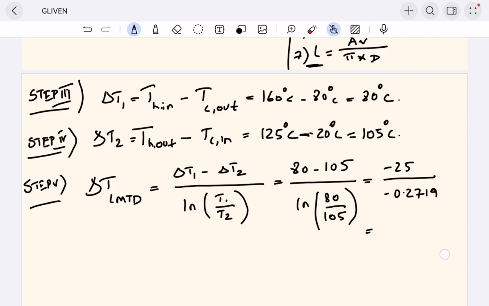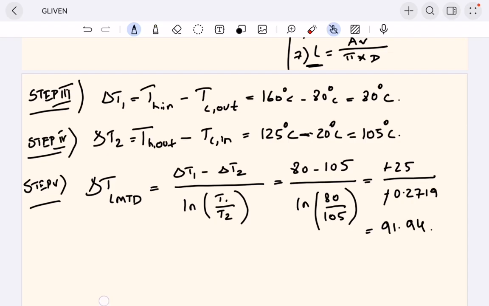If you divide, the negative sign gets cancelled. So 25 divided by 0.2719 is 91.94. That's what we are going to get for delta T LMTD, right?